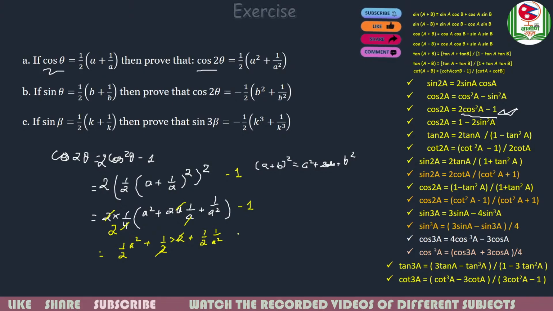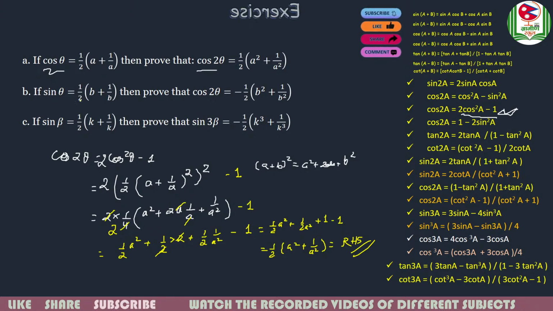The 1 and minus 1 cancel out, so the result will be 1 by 2 into a square plus 1 by a square. So it is the RHS. In a similar way, we can prove the other two, and just use the formula.